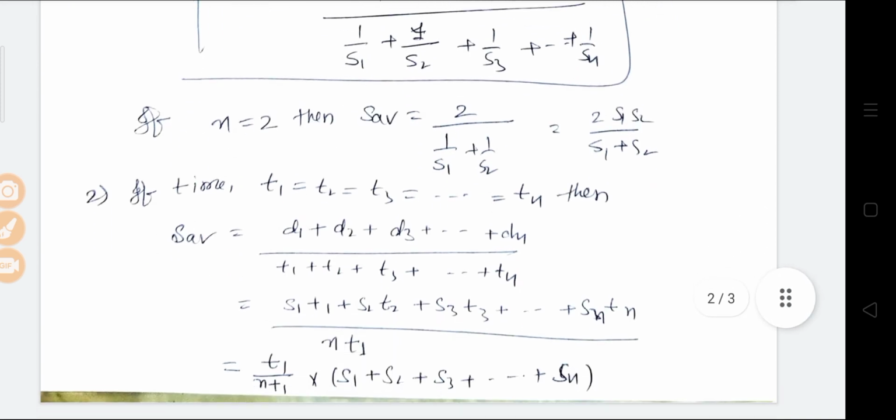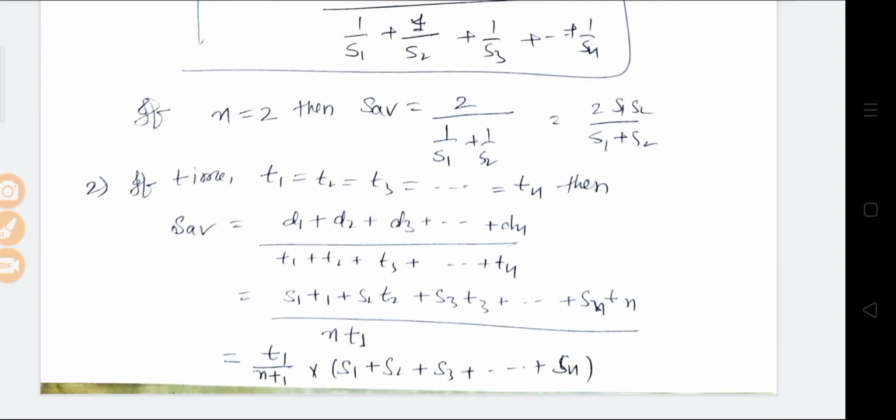Now the second case: if time is the same and distance and velocity are varying, then S average equals (d1 + d2 + d3 ... dn) upon (t1 + t2 + t3 ... tn). In this case you can put (s1 t1 + s2 t2 + s3 t3 ... sn tn) upon n t1. Why n t1?